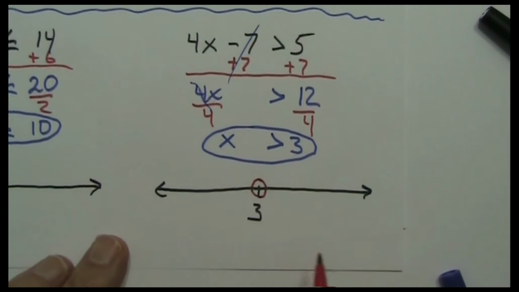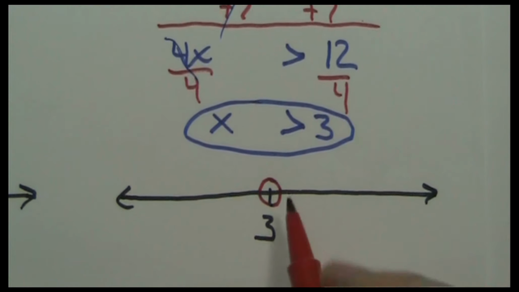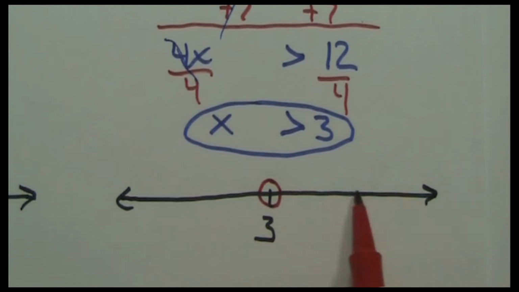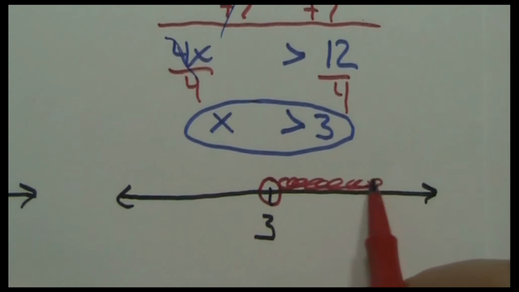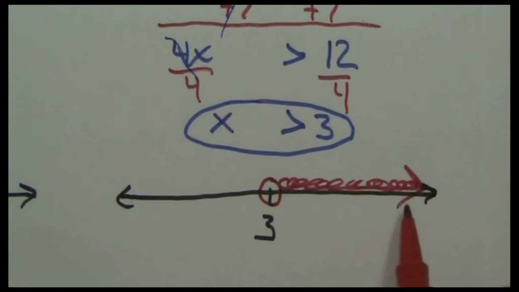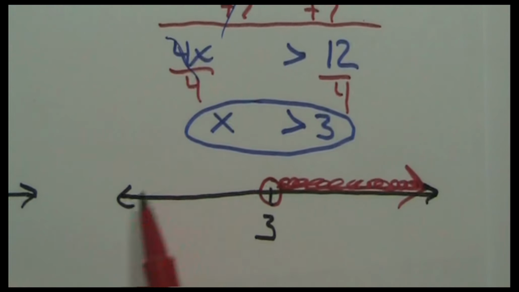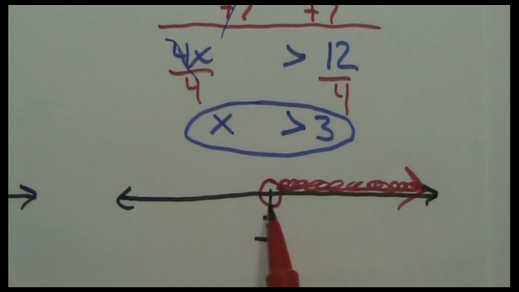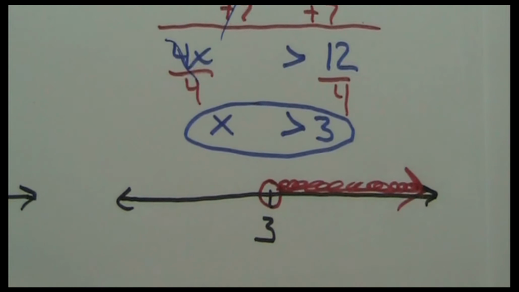It's open circle. But all the numbers more than 3. All the numbers more than 3 are this way. Right? All of these can be the answer, but not any of these. And 3 can't be either. You can't put 3 in there and say 3 is more than 3. No, that would be false.